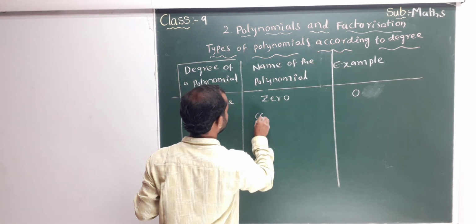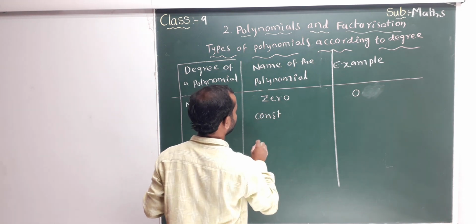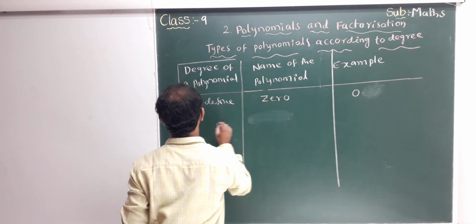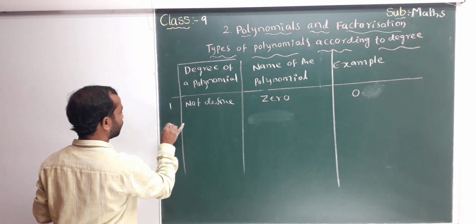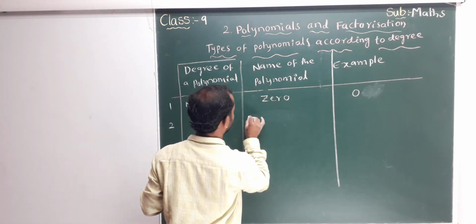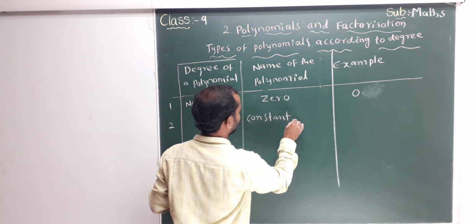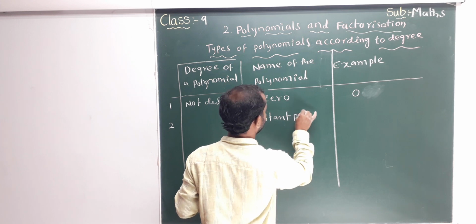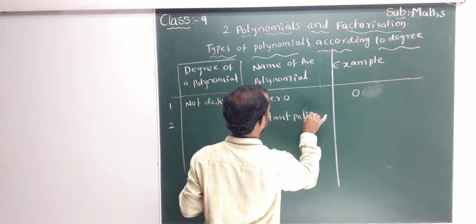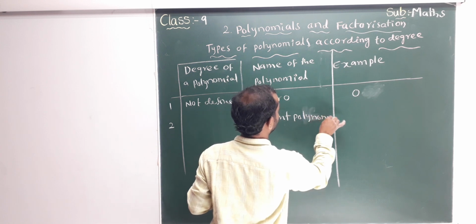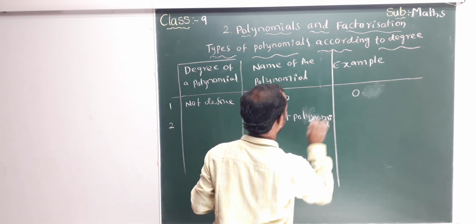Next, the constant polynomial. The first one is the zero polynomial and the second one is the constant polynomial.